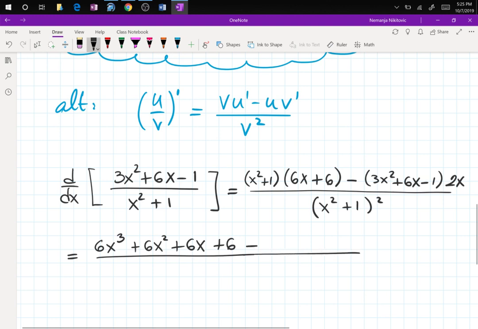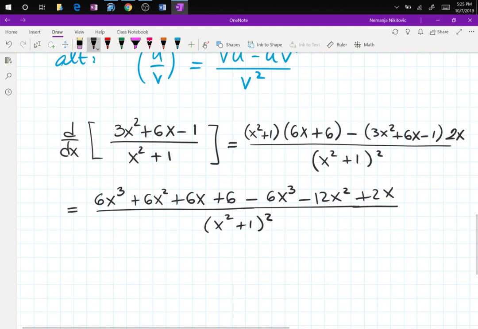Now minus 6x cubed minus 12x squared and plus 2x, divided by x squared plus 1. You don't ever have to deal with the denominator, because in chapter 4, when you set everything equal to 0, when you cross multiply, the denominator will always cancel, so no one cares.